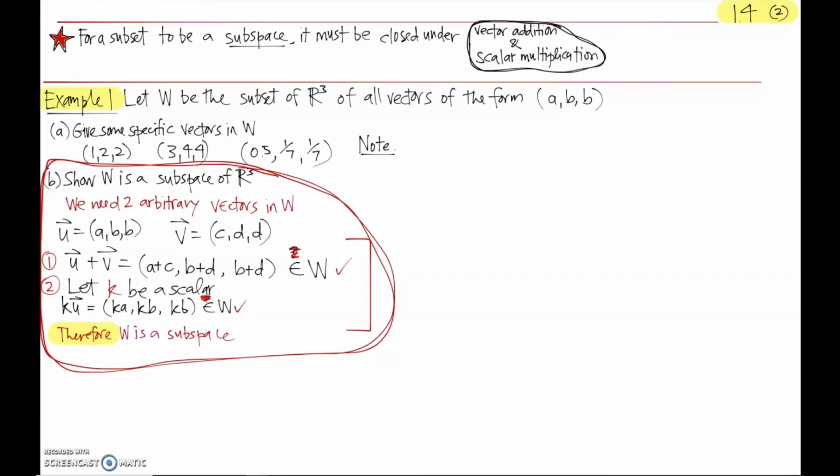What we saw in the last example is you can't just prove something is true by one particular case. So in math, you can't prove something is true just by showing one specific example.